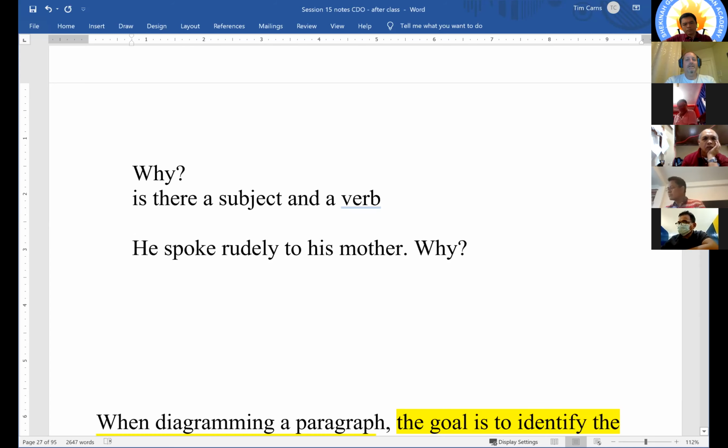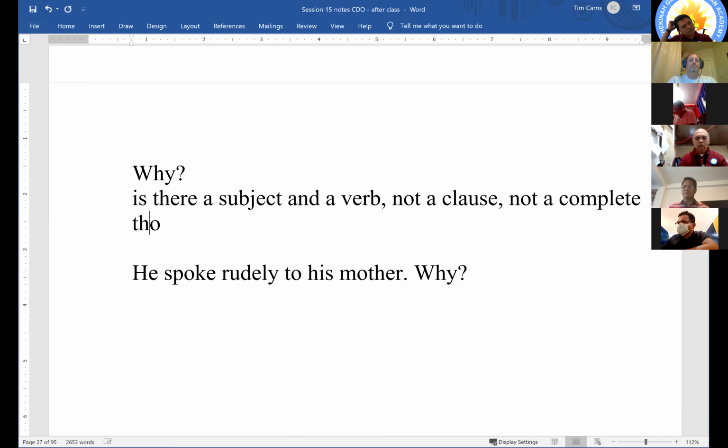So it is not a clause. It's not a complete thought. It requires words around it to give it understanding. Now, this sentence here, he spoke rudely to his mother, forms a complete thought. Okay? Pastor Tim, the why needs a context. Yeah, the why, very good. That's a good way to put it.